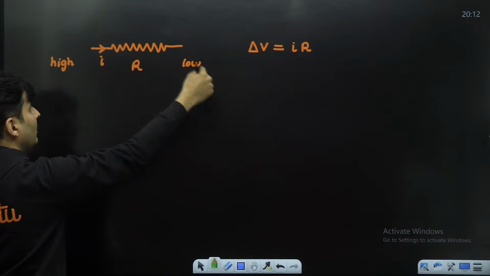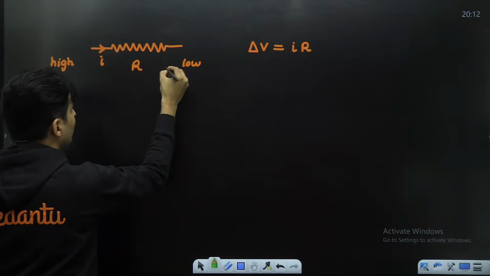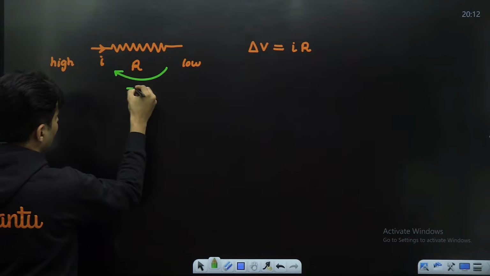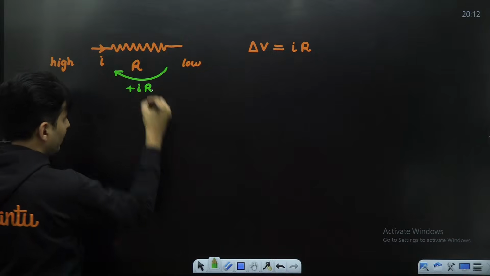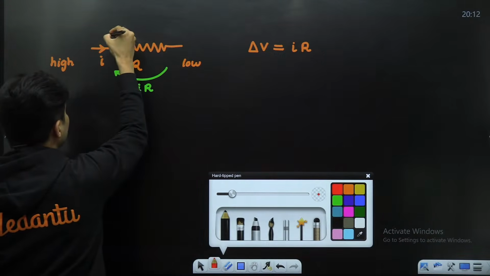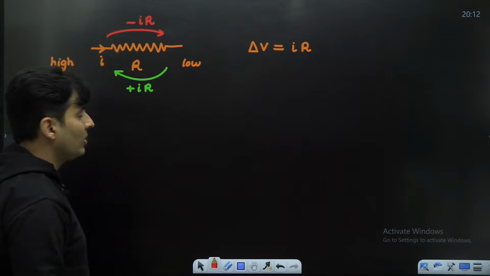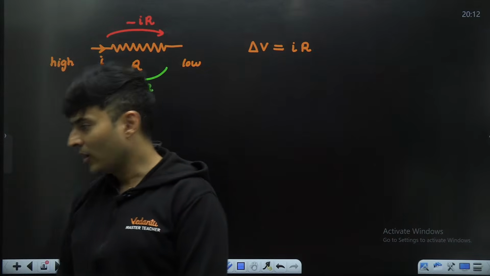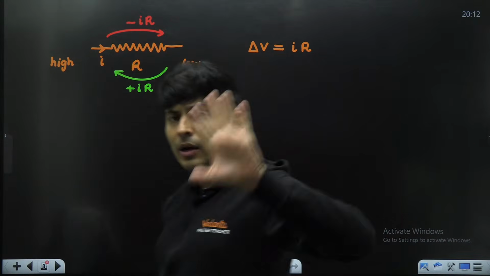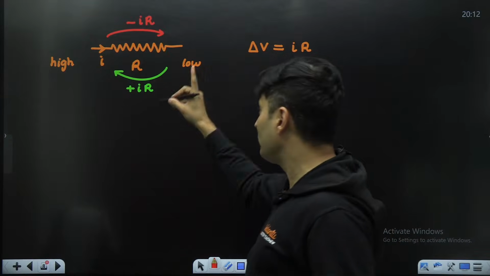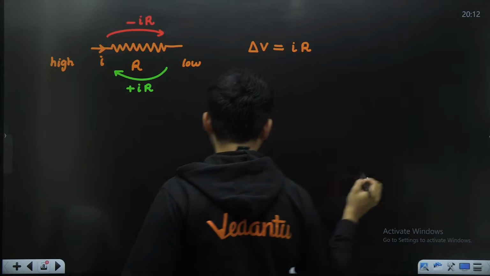Against the direction of current, low to high, that means it is a jump. So if I go like this, it is an increase of plus IR. But if I go like this, then it is negative IR. That's all. Keep this in mind. Okay? Very straightforward. I will apply it on a circuit and show it to you. But for now, remember the sign convention.